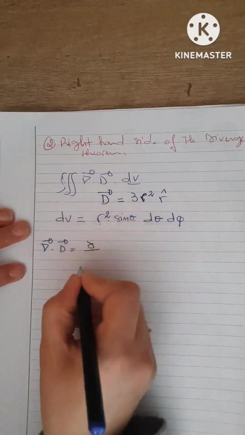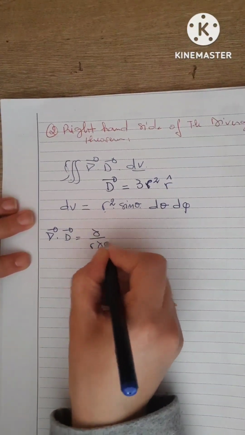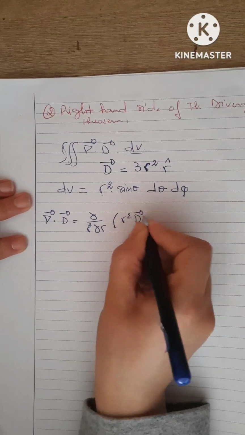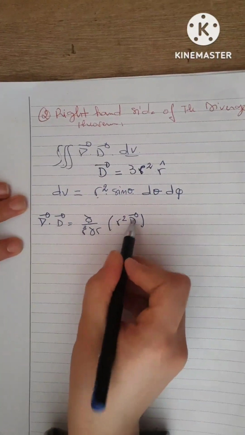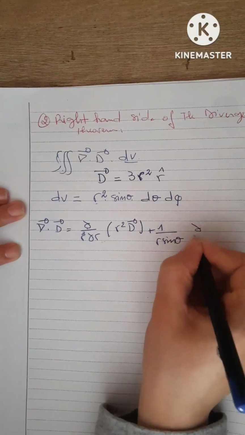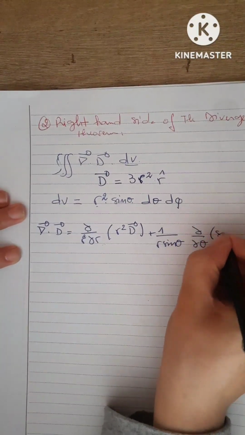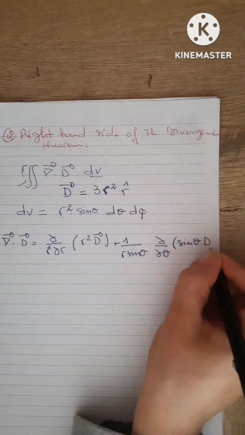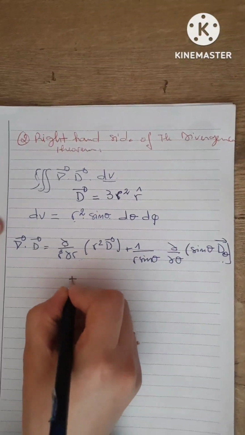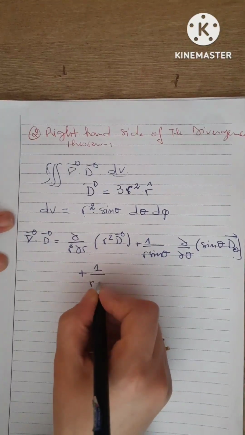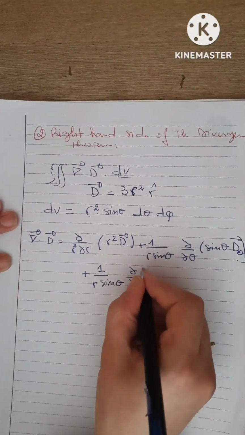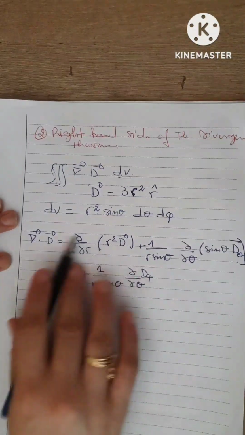It is 1 over r squared d over dr of r squared D_r, plus 1 over r sine theta d over d theta of sine theta D_theta, plus 1 over r sine theta d D_phi over d phi. This is the rule in spherical coordinates.